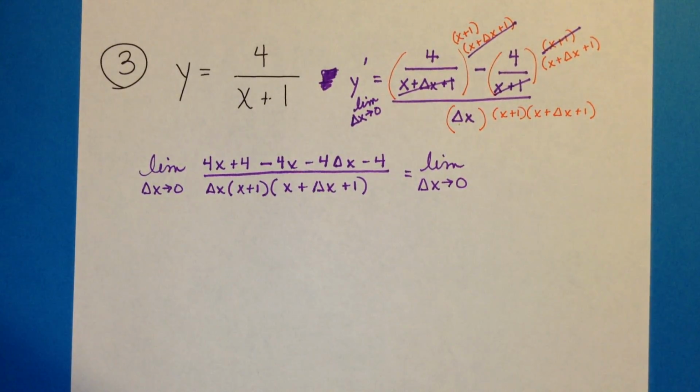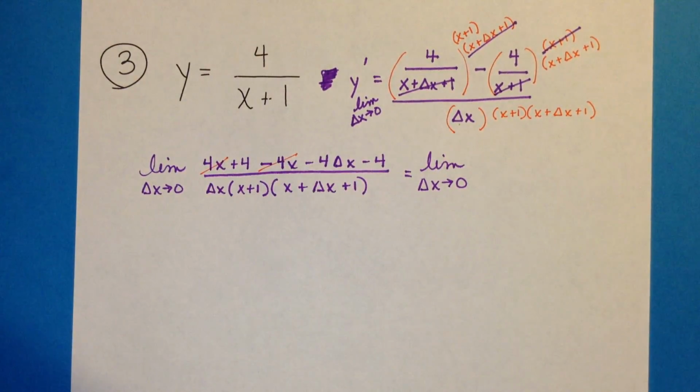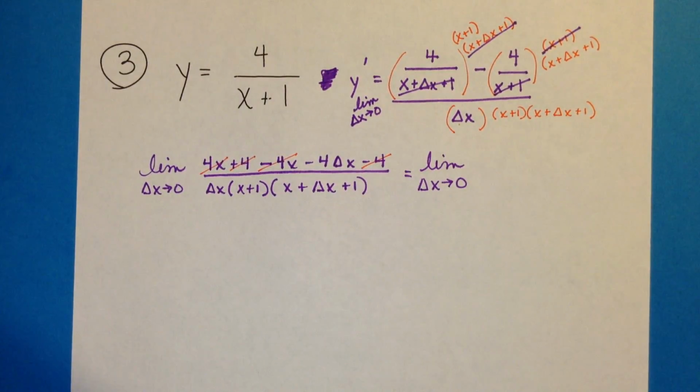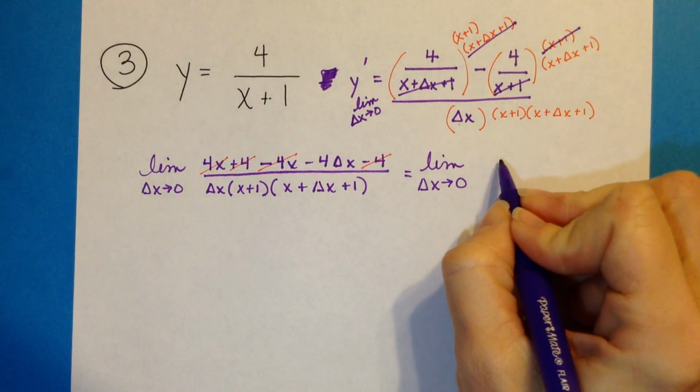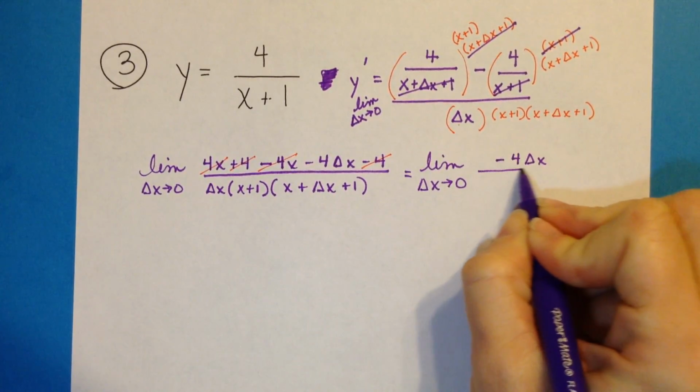Okay, so doing some simplifying with my numerator, my 4x's are going to add out, and my 4's are going to add out. So I'm left with a negative 4 delta x on the top.